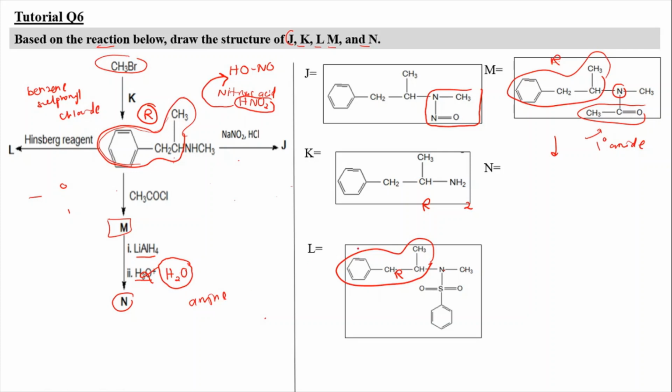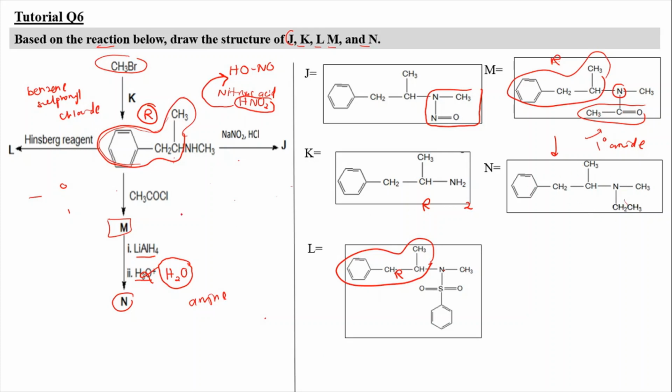Okay, so what happened here? It will undergo reduction, yang mana C double bond O is going to become CH2. Yang lain copy sahaja. Alright, so for the structure of N here, we're going to get NCH2 because of reduction, and then CH3. The other you just copy back again.